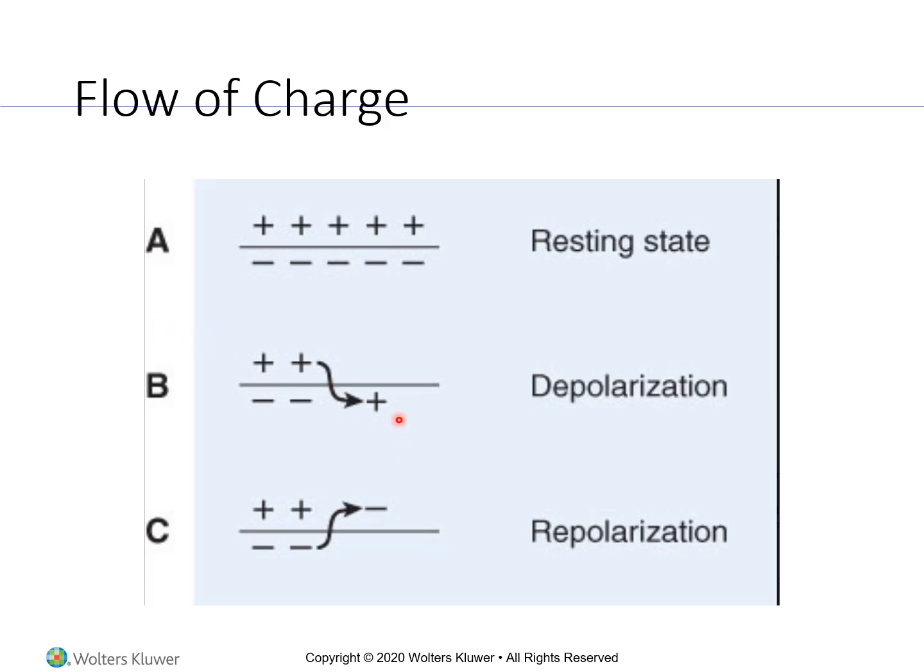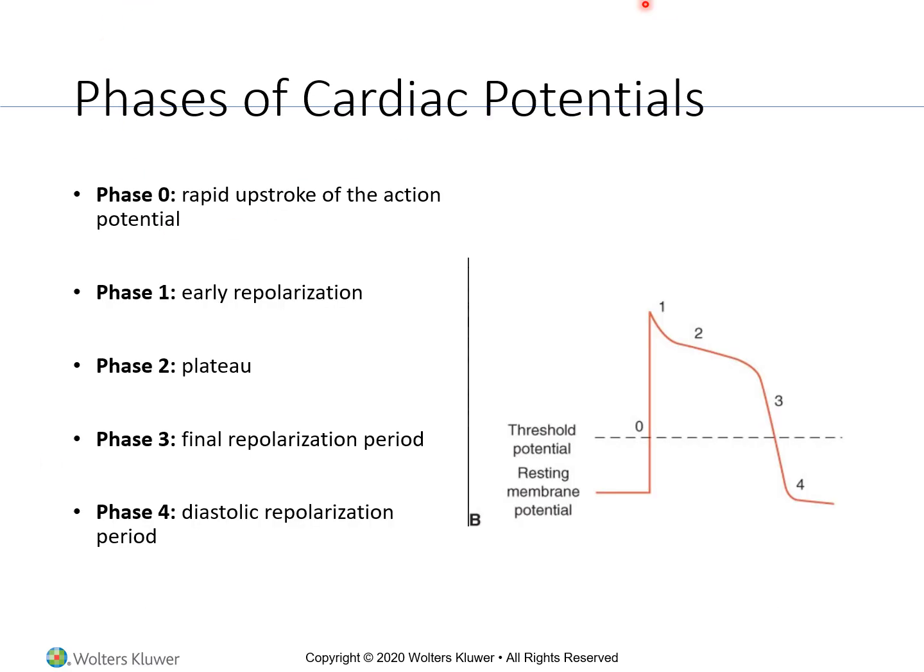During depolarization, positive ions, and this is going to be sodium, rush into the cell, changing that polarity, which reestablishes itself during repolarization. So we'll look at that in a little more detail. These are the phases of cardiac potential that are created by those changes in action potential.